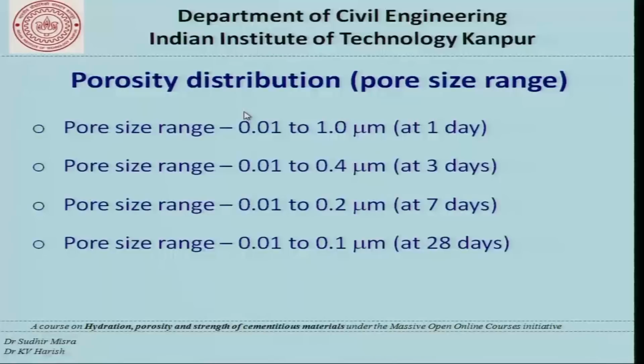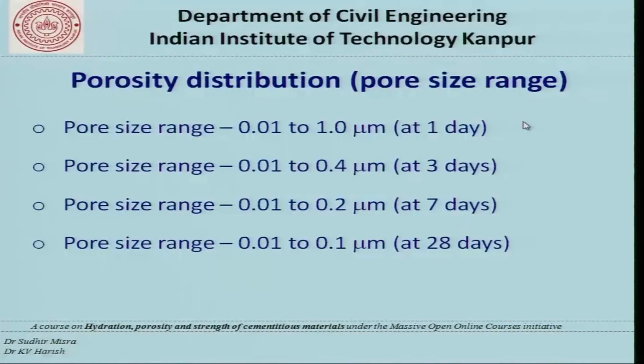Typically, you find that the smallest pores are available at all curing ages from 1 to 28 days. However, the bigger pores decrease with age. At 1 day it is 1 micrometer and it reduces to 0.1 micrometer at 28 days.